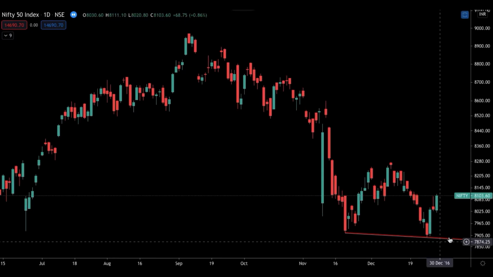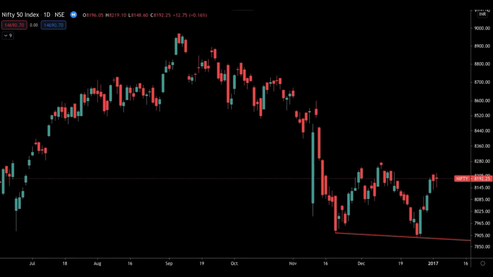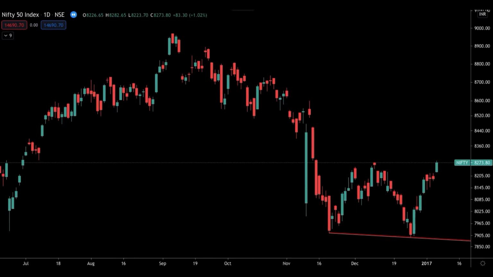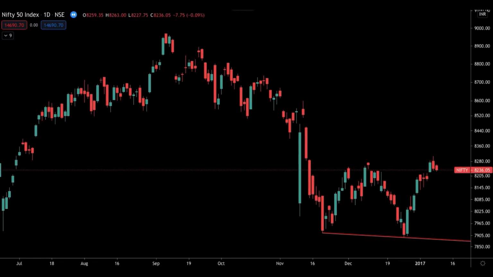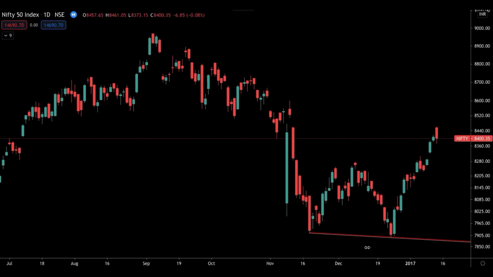Now here we can expect the market to go up. Now it's rising, it's rising, and it forms a new top. Here it formed a new top.